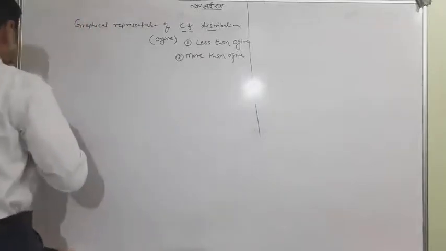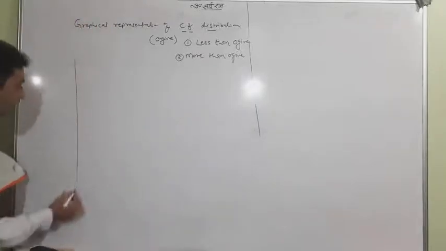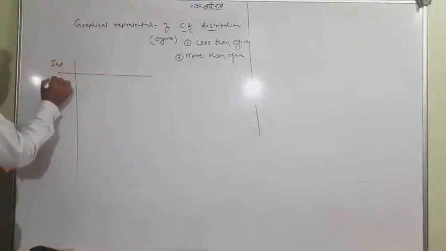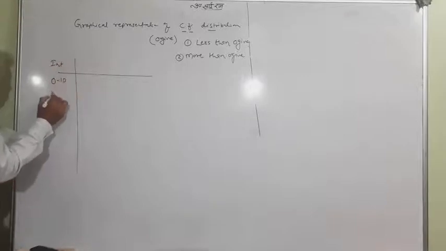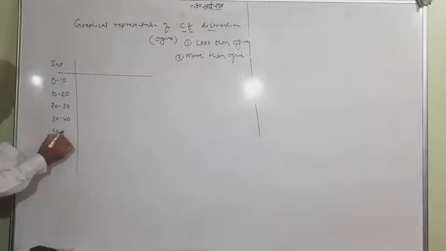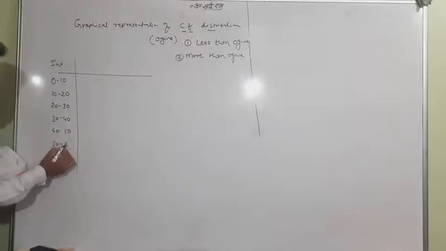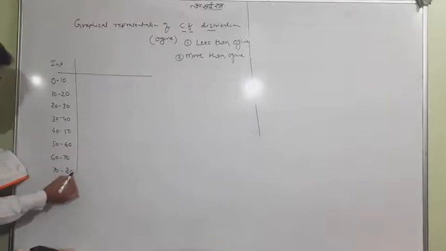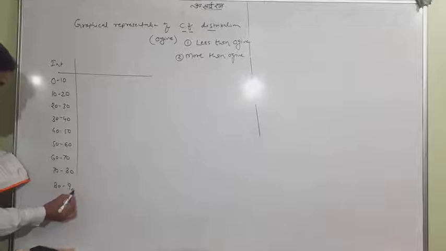I just want to put one example from my side. These are the intervals: 0 to 10, 10 to 20, 20 to 30, 30 to 40, 50, 60, 70, 80, 90 and 100.